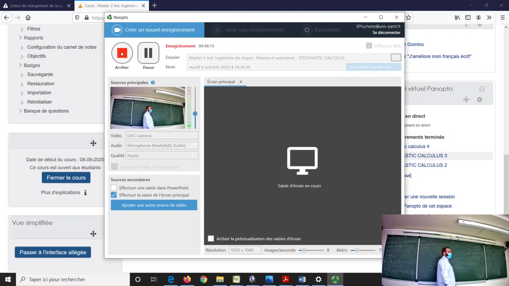Because you know that when you have a random variable that is positive, expectation equal to 0 is equivalent to being equal to 0 P almost surely. And here I have a square, so I have something that is positive. So I have to prove equivalently that the expectation of MT square is equal to 0.